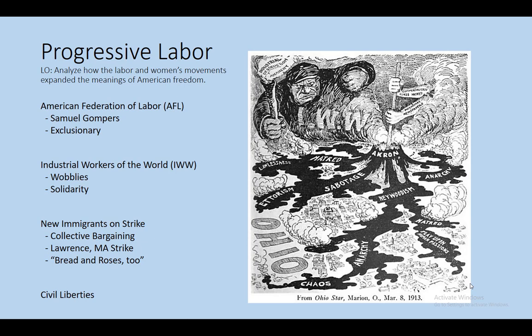And probably the most famous successful story of new immigrants on strike is going to be in Lawrence, Massachusetts, at a strike at a woolen mill. What had happened here was that the state legislature reduced the maximum hours that a person could work. And so the company reduced the pay of people who worked more. Not that they didn't work more, right? So Massachusetts said, oh, you can only work X number of hours.